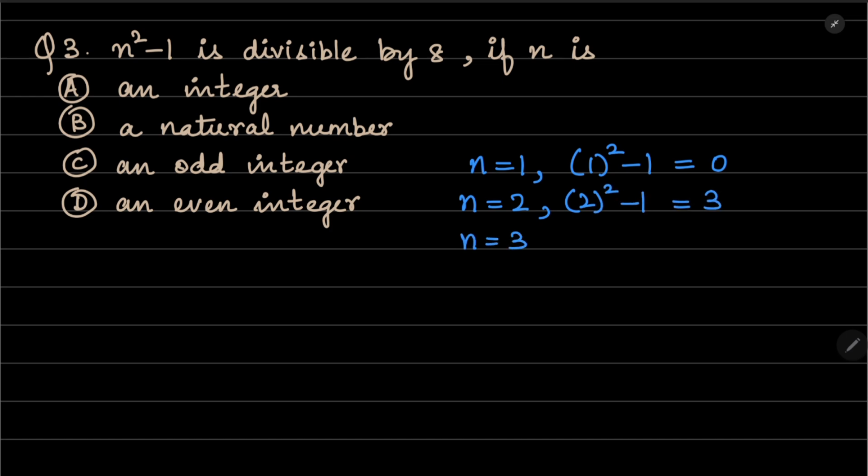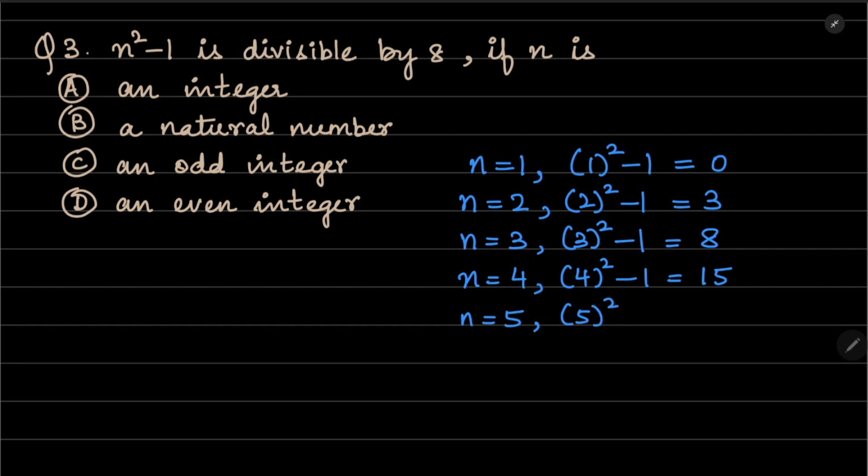For n equal to 3, it's 3 square, 9 minus 1, which is 8. For n equal to 4, 4 square, 16 minus 1, which is 15. For n equal to 5, let's stop with 5, 5 square minus 1, 25 minus 1, which is 24.